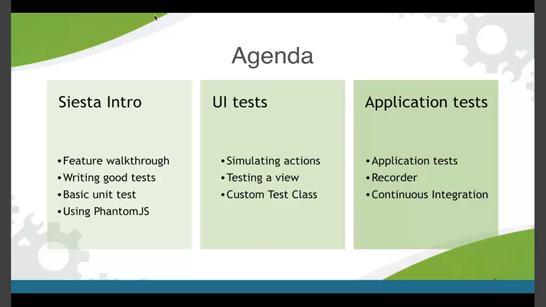We'll also demonstrate that today. And then, of course, life is also a lot about application tests. So we'll go through those thoroughly, show the really nice newly refactored Siesta recorder, and also talk about automation and continuous integration at the end. So this is basically the high level that we'll cover today. So let's get started.